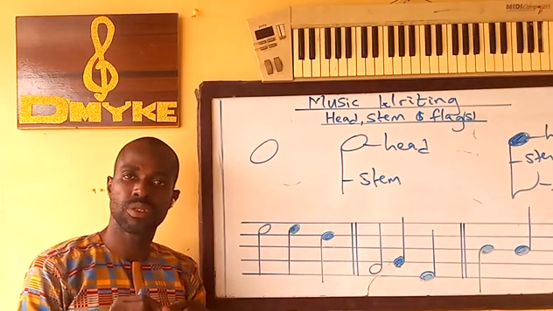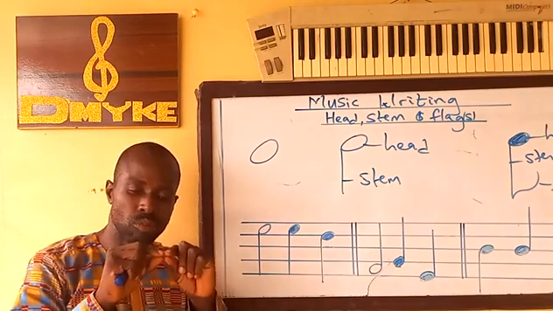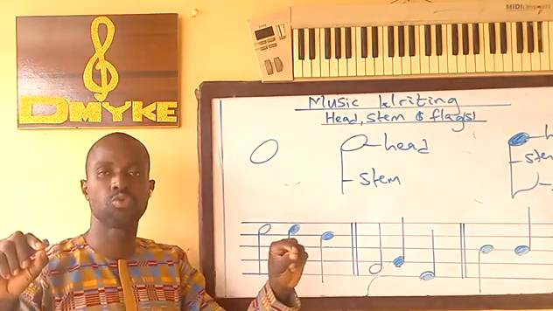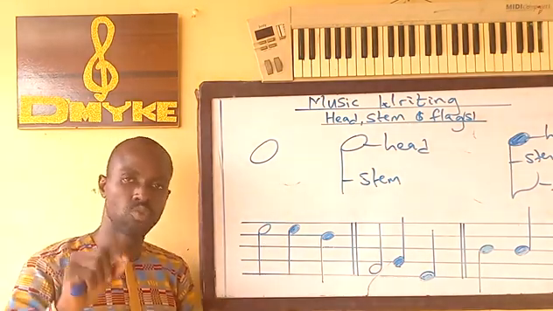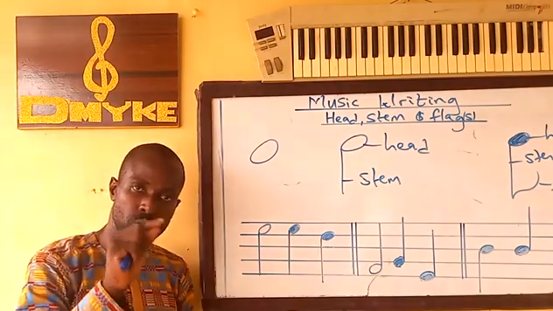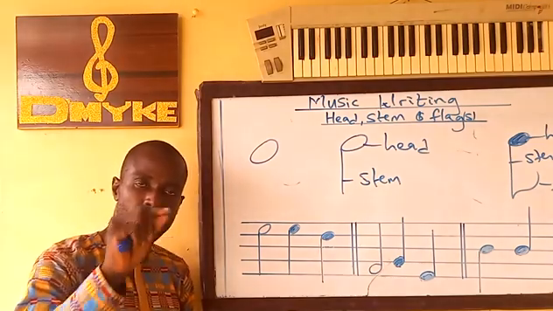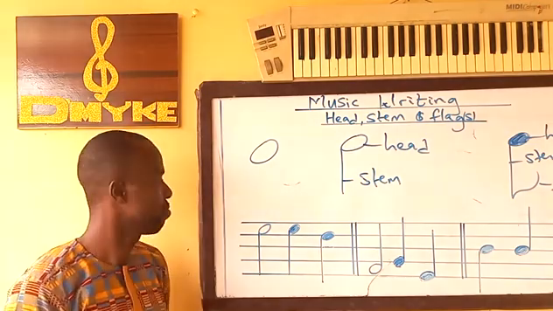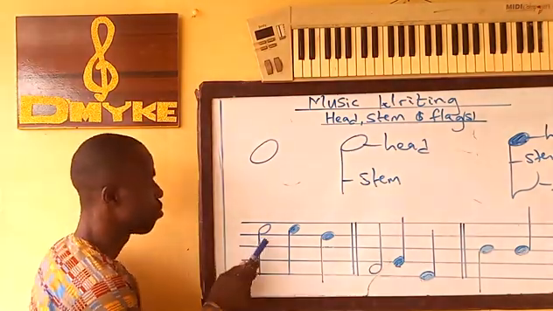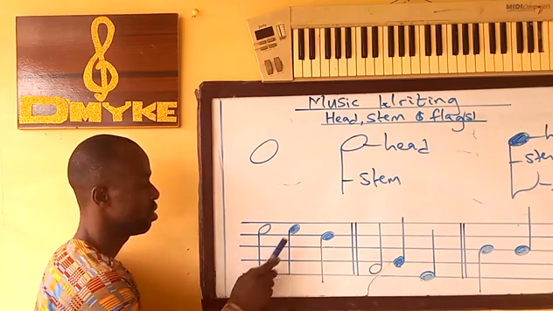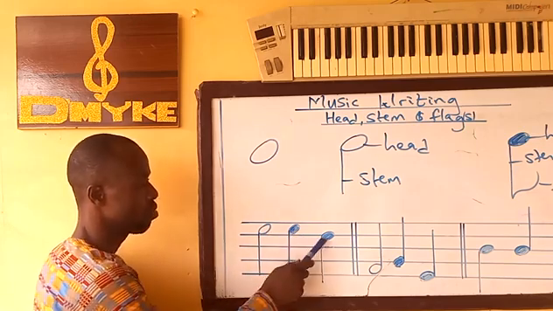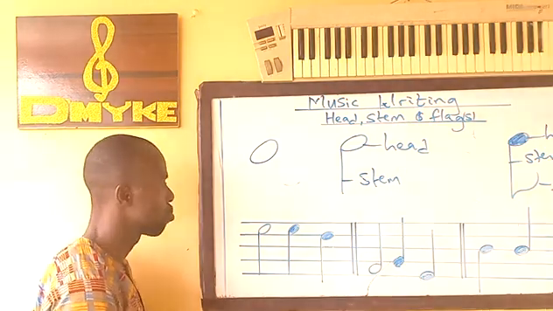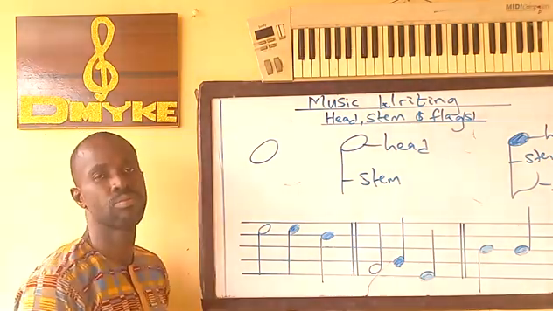When a note is on the line, the line must divide the note into two equal parts. When it is in the space, it must be obvious that it's in the space. It must not cross any line. Now let's see this. This one is in the space. This head is in the space. This one is on the line. So that's the first rule.